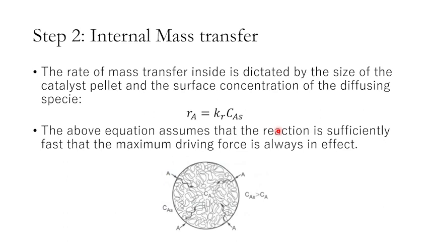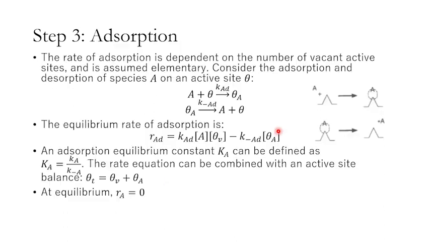Next step, after the internal mass transfer, we now have the adsorption of your reactants to the inner surface of the catalyst. The rate of adsorption is dependent on the number of vacant active sites and is assumed elementary. Consider the adsorption and desorption of species A, which is our reactants, on an active site theta.